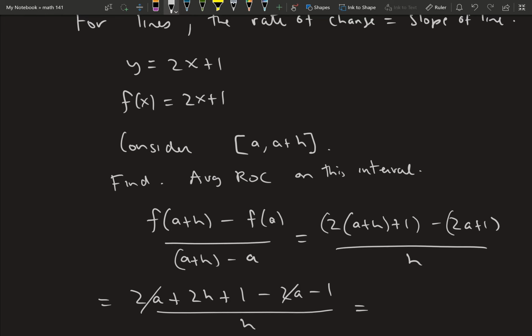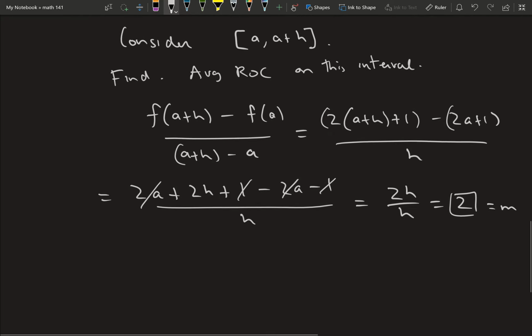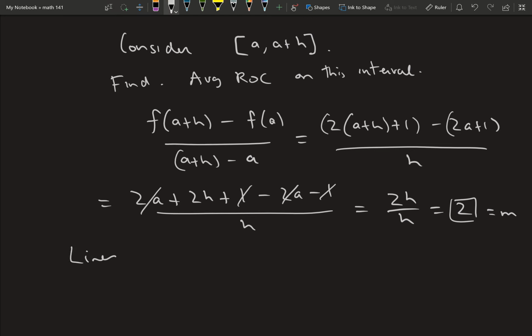The 2a and the minus 2a cancel, the 1 and the minus 1 cancel, so we're left with 2h divided by h, which is just 2. And that corresponds exactly to the slope of this line. So this is actually a proof that on any interval, the rate of change is the same, and it's the slope. So it is a constant rate of change. In particular, lines have a constant rate of change, aka the slope.